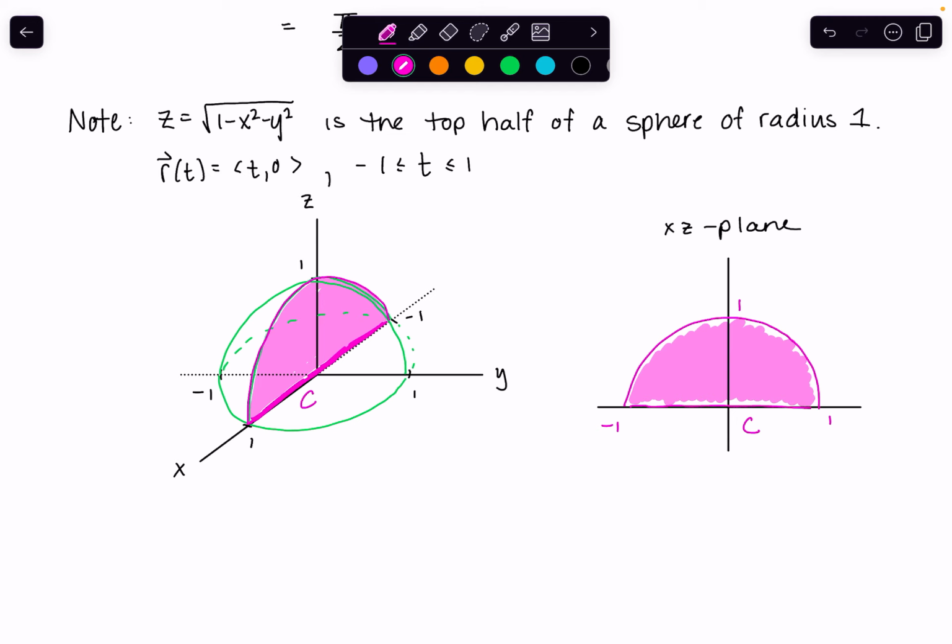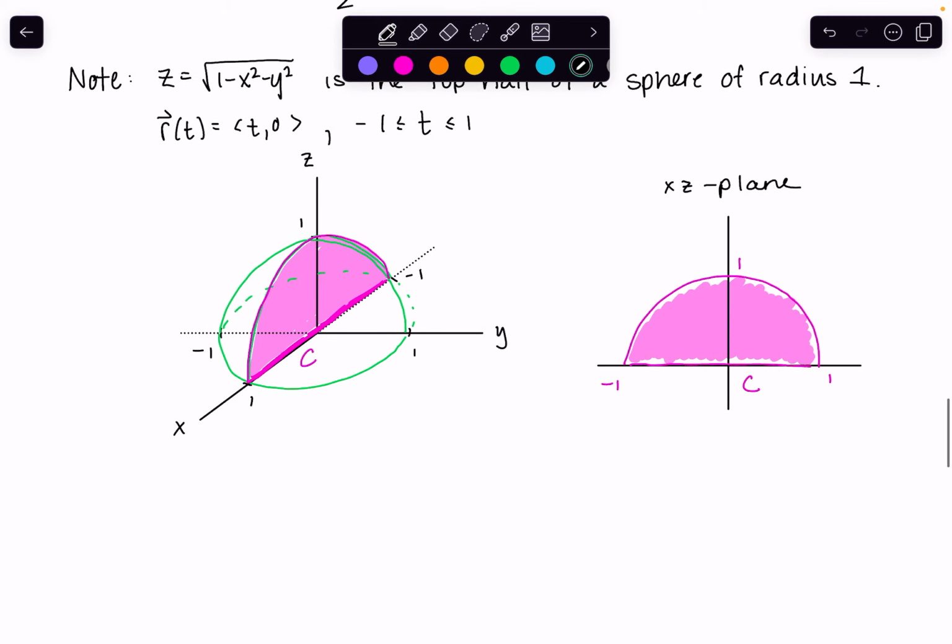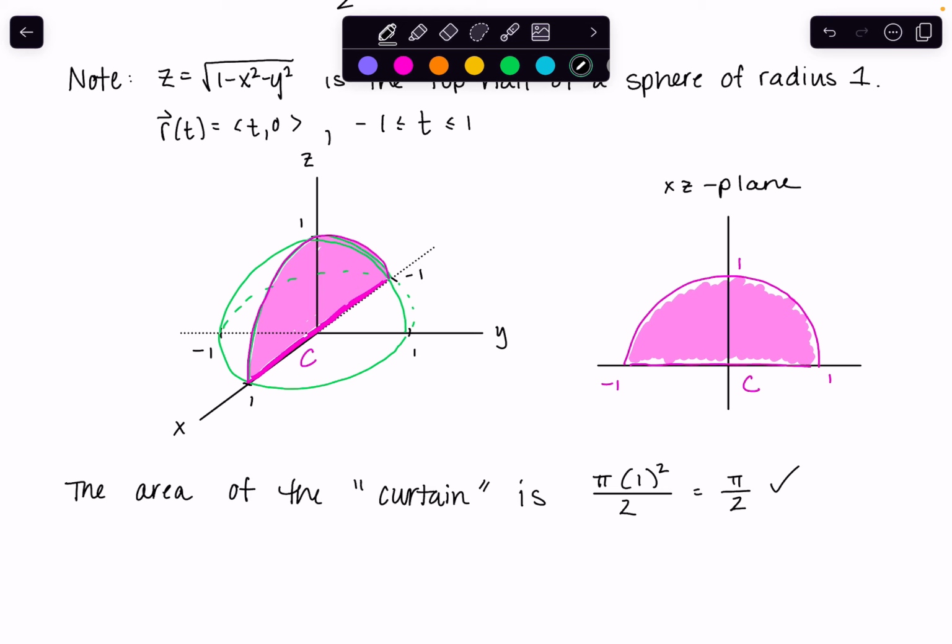But we know how to do that because we know what the area of a circle is. So the area of this curtain is pi times the radius squared, and because it's a semicircle, it's over 2. So you get exactly pi over 2.